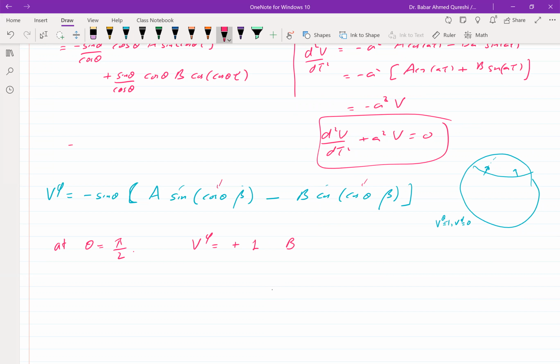It's 1. So I get a b cosine of 0, 1. V phi is just b, just a constant.